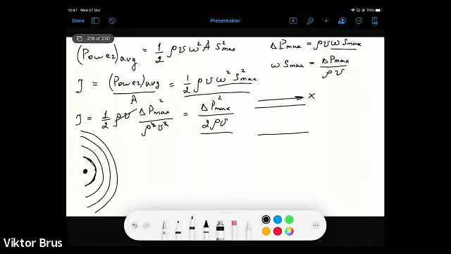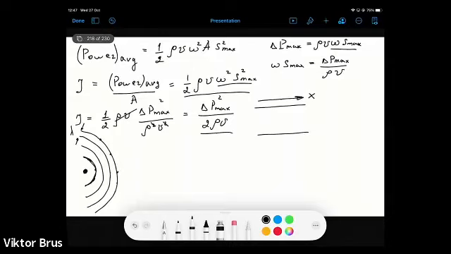For each point on this surface, the sound wave possesses the same phase, and the distance between two adjacent surfaces, this is lambda, means the distance between two adjacent regions with the same phase is defined as the wavelength of this sound.